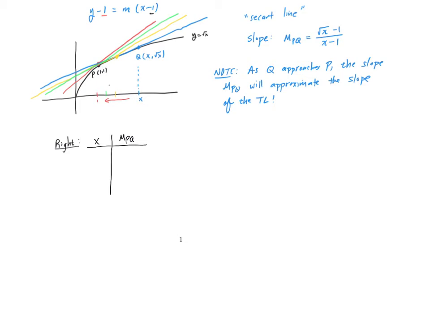And so some values close to 1 on the right, starting a little further away, maybe 2, 1.5, 1.1, 1.001. So getting closer and closer to 1. And note, these are very straightforward computations. We have a formula for MPQ above.